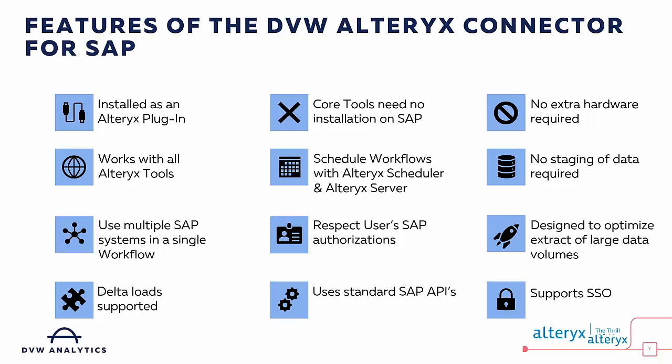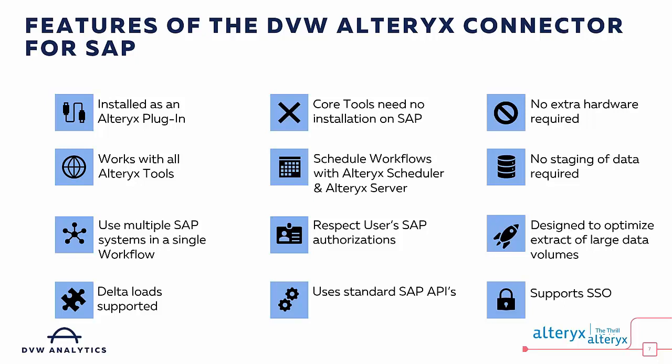We have various tools and elements within our tool set that allow us to optimize the extracted data from systems. So there are inherent limits built into any SAP system, and these are in place for a reason, to make sure that no single user takes too much of the processing power of a system.